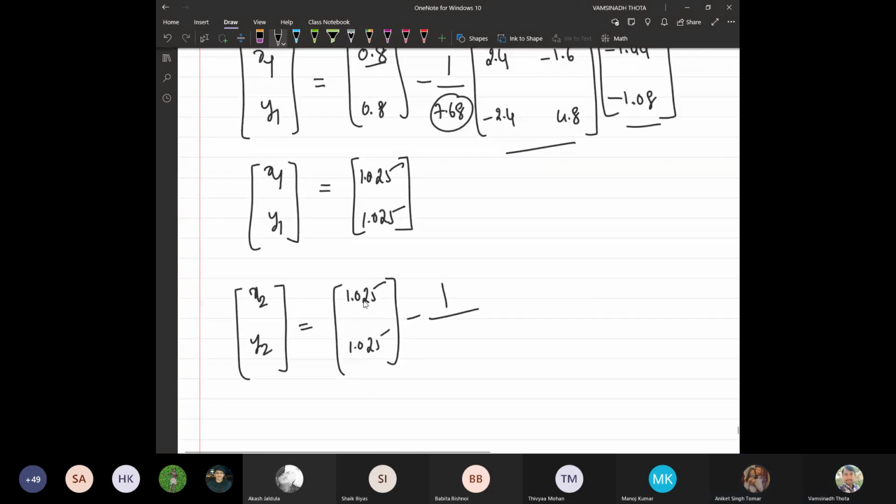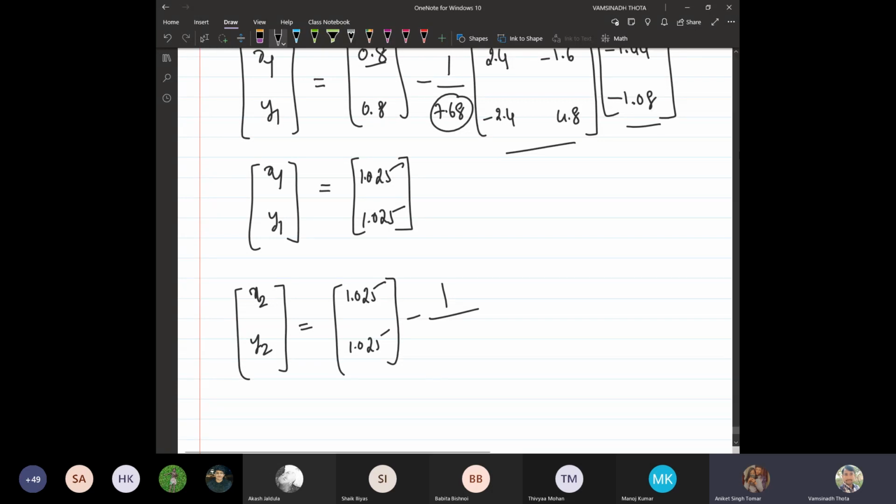Please give the determinant of the Jacobian at the point (1.025, 1.025). 12.6075.